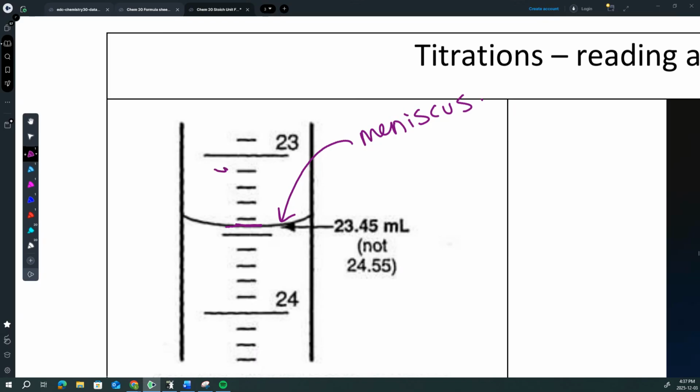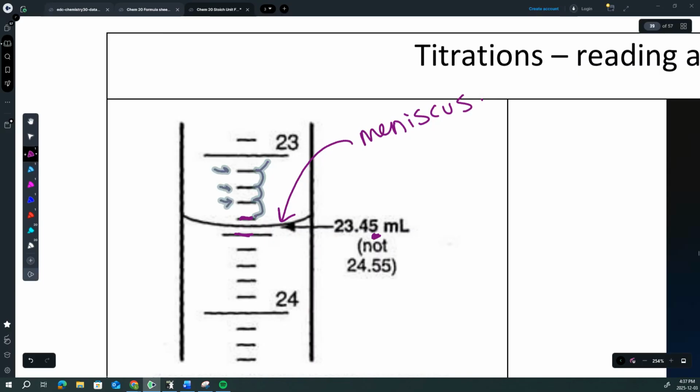Okay, so each one of these tick marks here is 0.1 of a milliliter. Okay, and since the meniscus is in between these two tick marks, that's why we can go 0.4 because it's 1, 2, 3, 4, and then it's halfway in between the fourth tick and the fifth tick. So that's why we've estimated it to 23.45. So just estimating that last digit there, that 5.